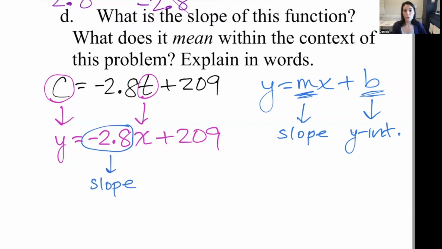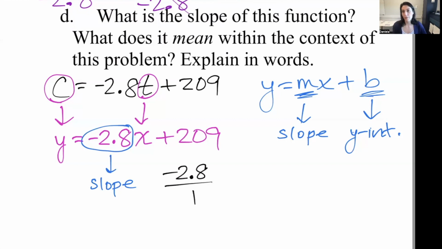Okay, so the first part of the question is asking what is the slope of the function? The slope is negative 2.8. Now, as for identifying what it means in the context of the problem, I would always suggest, whenever you're working with slope, let's say if we were to graph this problem, we would always prefer fractions for slope. So if I were to ask you to graph this function, wouldn't you be putting it over 1?